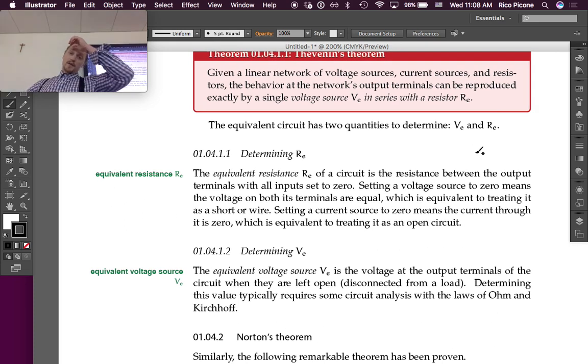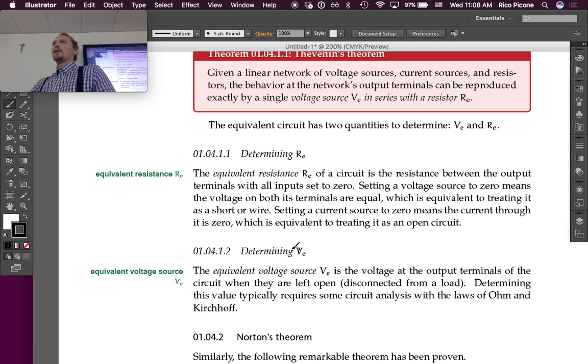So the equivalent resistance, RE, of a circuit is the resistance between the output terminals with all inputs set to 0. That's really all I need to say, but I will elaborate on that. Setting a voltage source to 0 means the voltage on both its terminals are equal, which is equivalent to treating it as a short or wire, right?